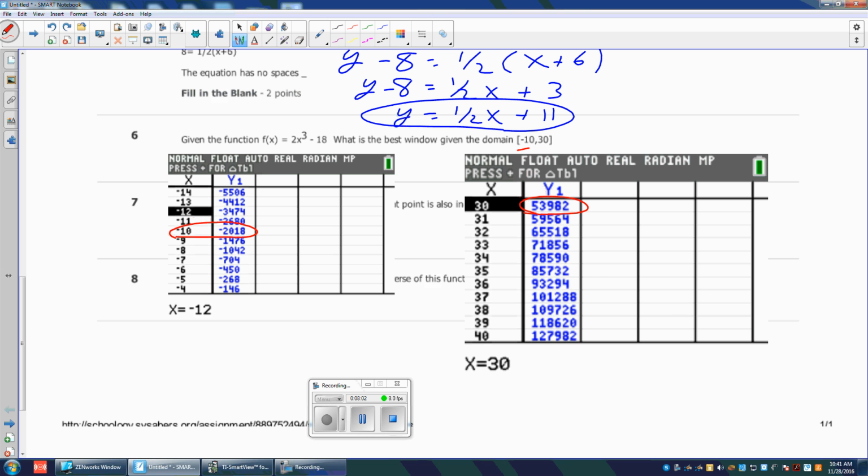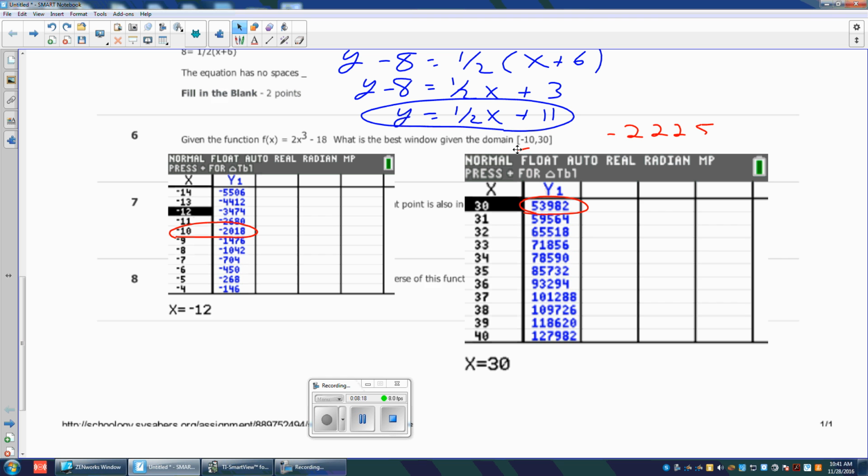So we want to go a little bit smaller than negative 2,000. So anything around negative 2,100, negative 2,225, I think is something I put down.